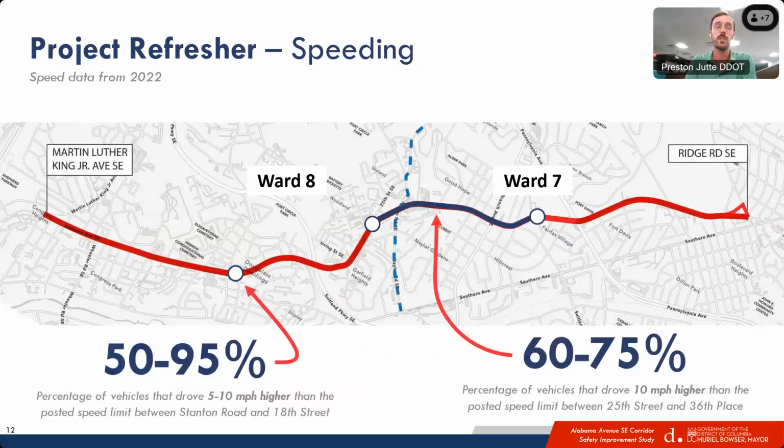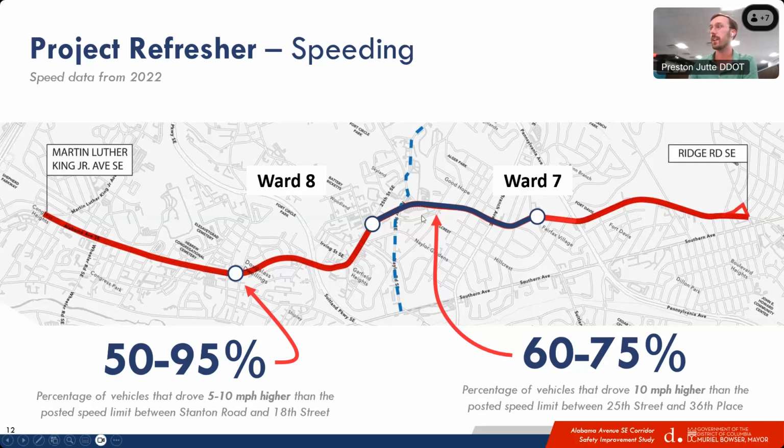Now, speeding specifically, I've got some data here to support it, but I know for anyone that drives, walks, scoots, or takes the bus anywhere along this corridor, speeding is a very serious issue that we all see and witness. I'm calling out 2 spots here where we got some specific data. On the left, between Stanton Road and 18th Street, near the Giant, between 50 and 95% of all vehicles that went through that block, based on the speed data in 2022, were going 5 to 10 miles per hour higher than the posted speed limit.